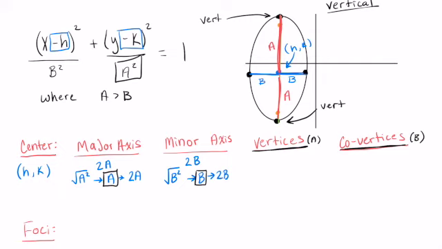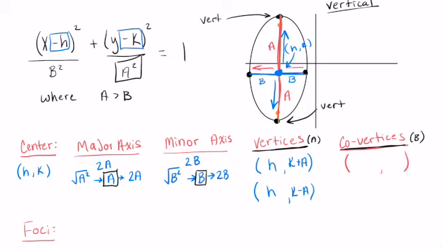So at this point, I start at H and K. When I'm looking at my vertices, I start at my center, but to go to my vertices I go along the major axis, so I'm going up a distance of A, and then we also go down a distance of A. So my vertices are found by H, comma, K plus A, and H, comma, K minus A. My co-vertices are found by moving which direction?